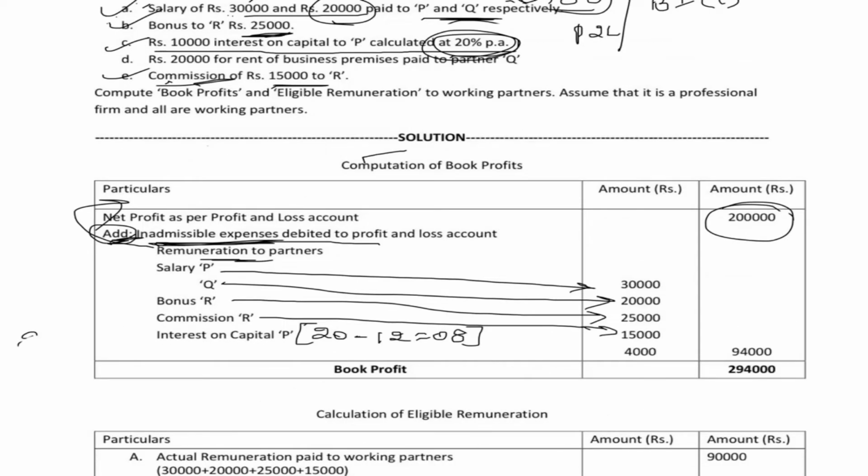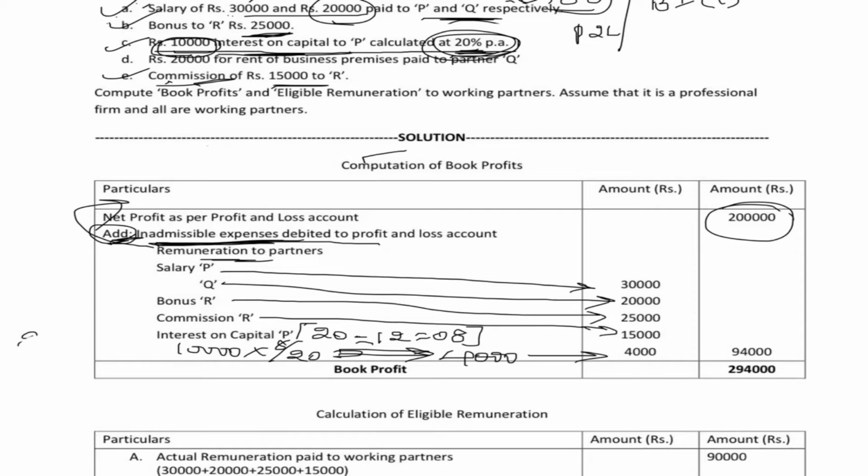So out of 10,000 interest on capital, what is the percentage of interest on capital given to partners here? It is 20%, out of which only 8% is inadmissible. 10,000 into 8 divided by 20, now you will get 4,000, which will be treated as inadmissible expense given to the partner in the form of interest on capital.